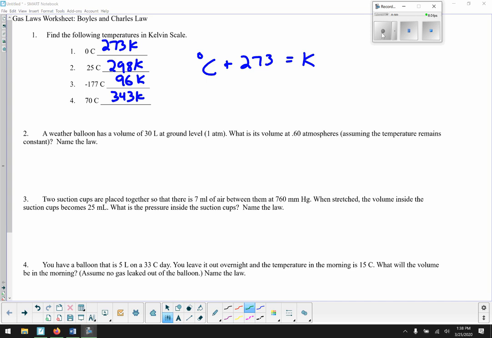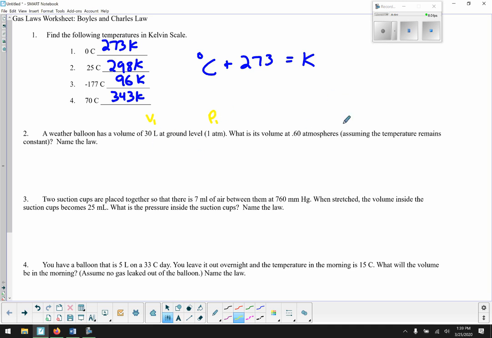So, question number two, a weather balloon has a volume of 30 liters at ground level. What is its volume at 0.6 atmospheres, assuming the temperature remains constant? First of all, I like to label my variables. I have a volume, we can call it volume 1, at ground level, which is this pressure 1.